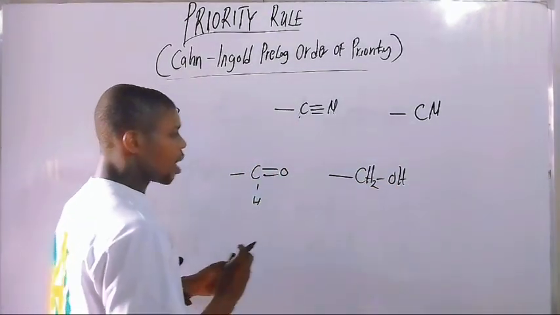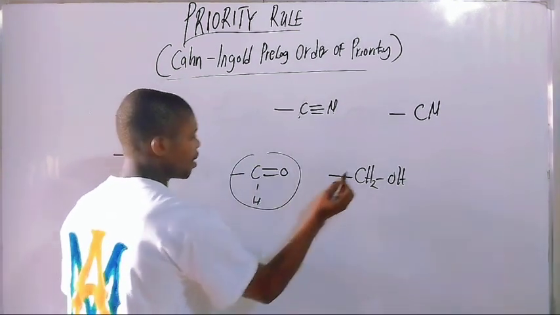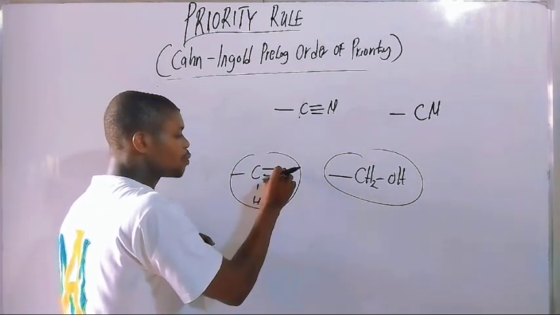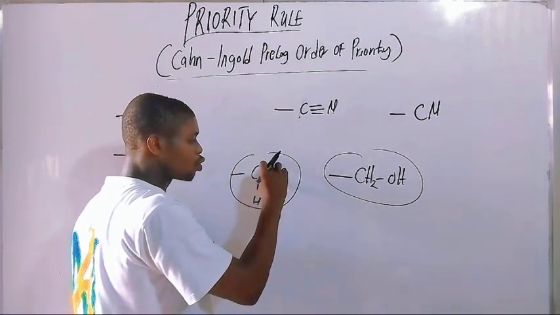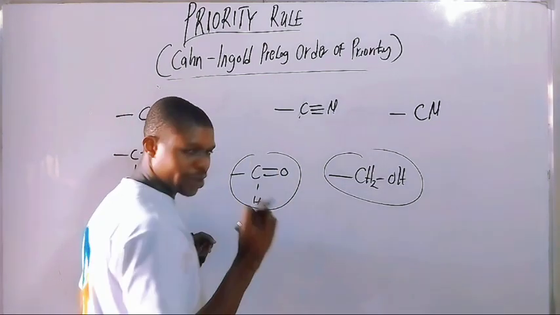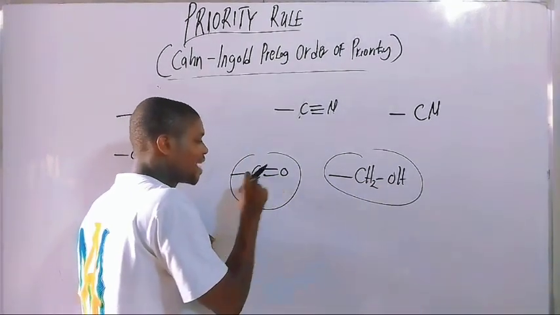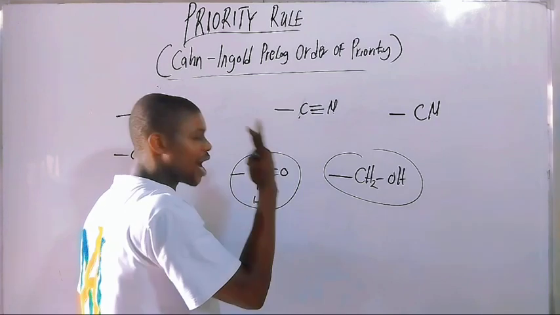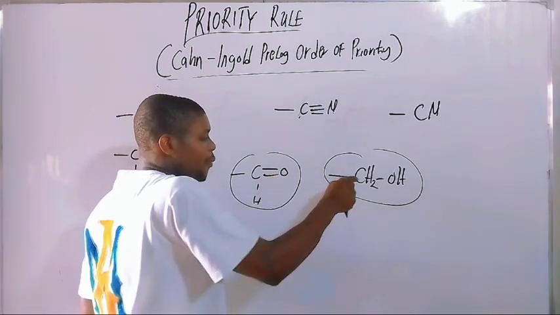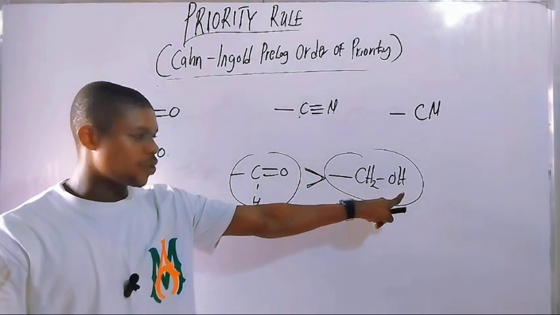What it means is that if you are comparing this one and this one, understand that this one is multiple bonded to oxygen. It means two bonds. It means that this one has 2 oxygens, while this one has 1 oxygen. Because here we have 2 oxygens, this one wins. That is it.